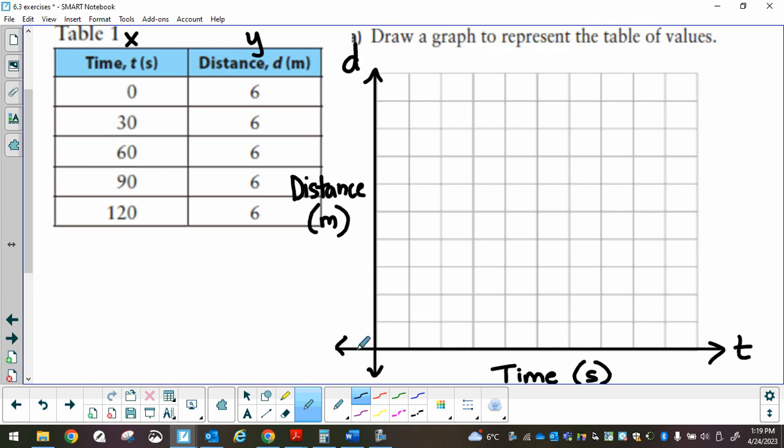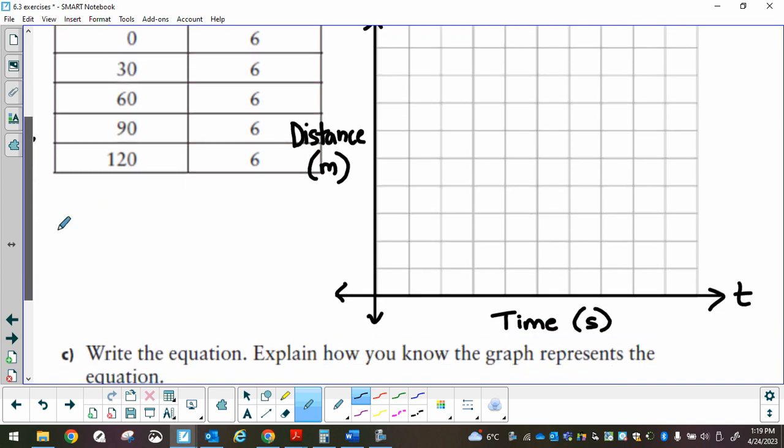Time jumps by 30-second intervals, so we may want to also jump by 30-second intervals, 30, 60, 90. I'm going to skip a box between because we seemingly have space to do so. Okay, and distance is always 6.